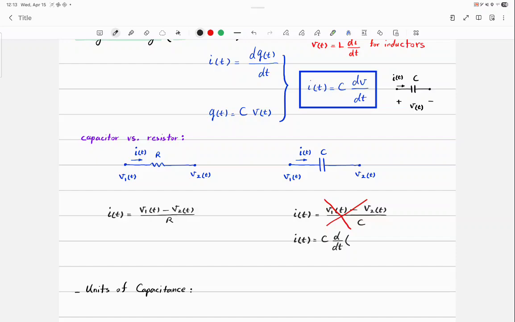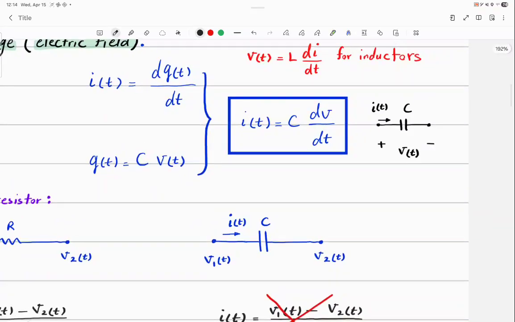V1 minus V2. Okay? That's the equation relating these 4 parameters.